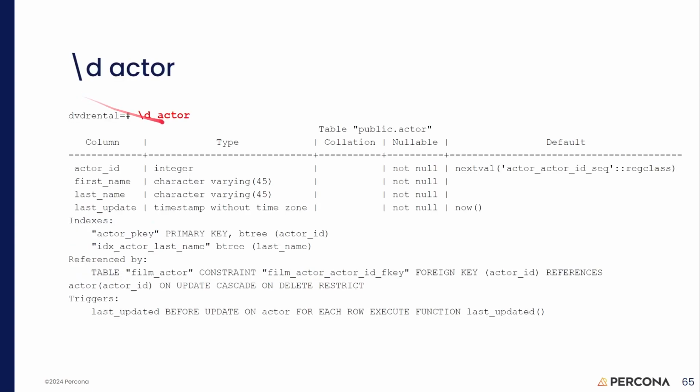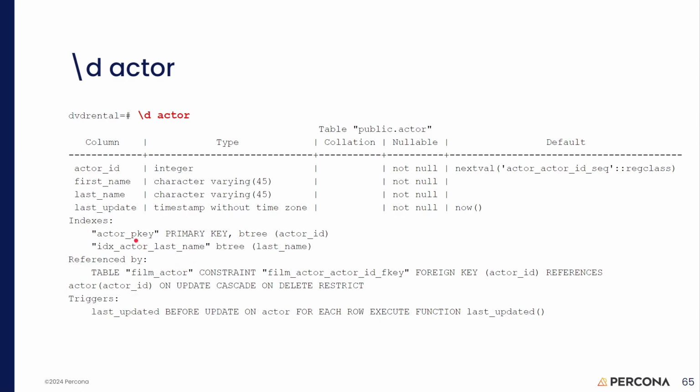For instance, \d actor gives you a bit more information than you're used to seeing with a show create table. Once again, we have the various columns, their data types, whether they be nullable, what happens when that data is entered, whether we draw the information from a sequence, or we have a time function like here for a date stamp.